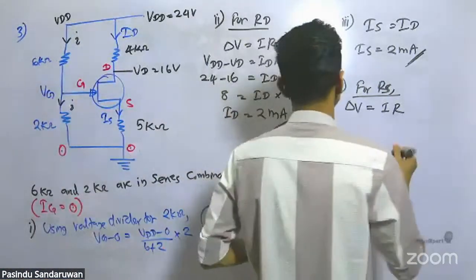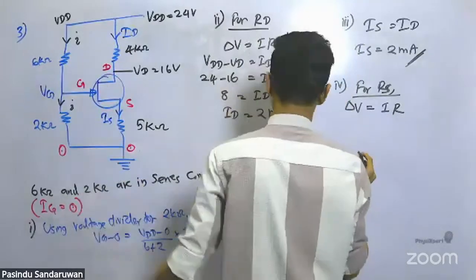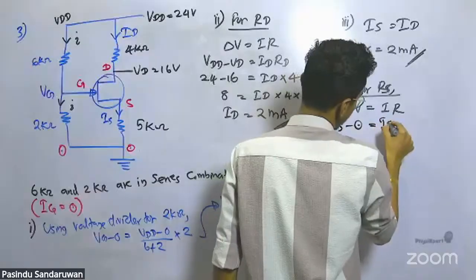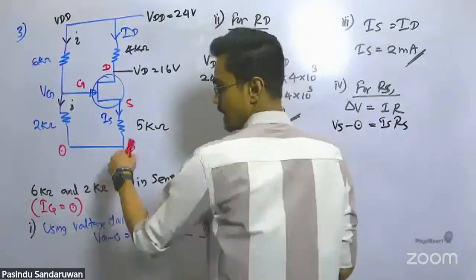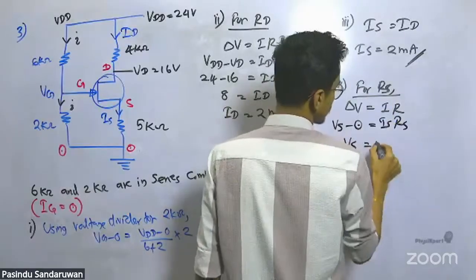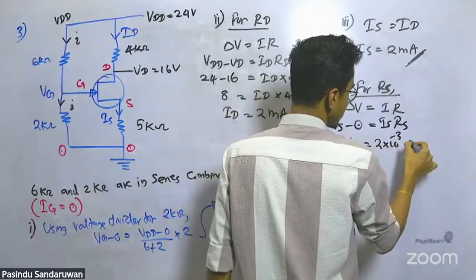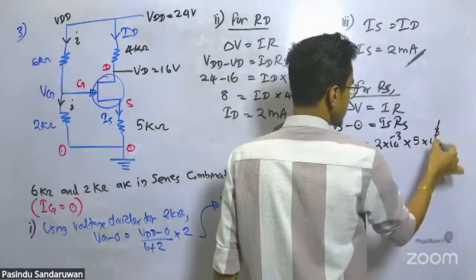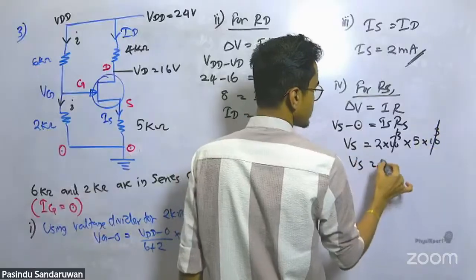VS minus 0 equals IS RS. IS is 2 times 10 to the minus 3, RS is 5 kilo ohms, 5 times 10 to the power 3. Cancel it off. Then VS equals 10 volts.